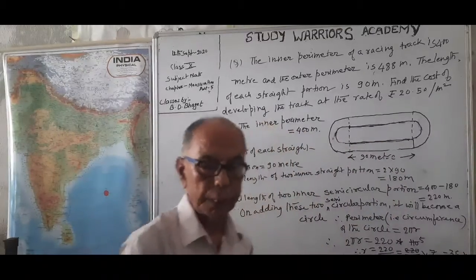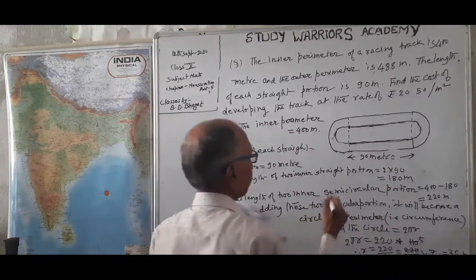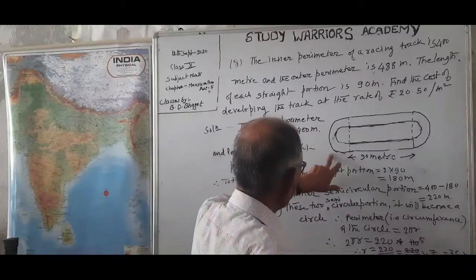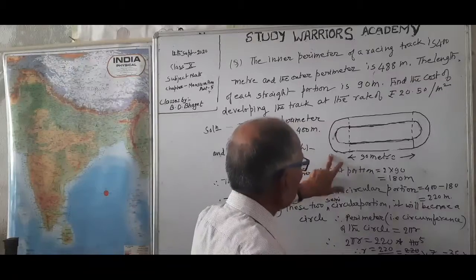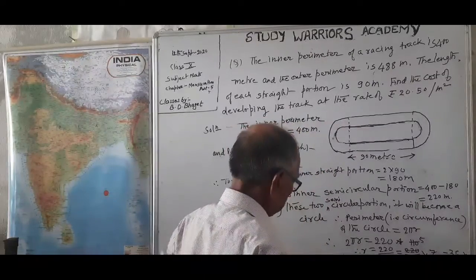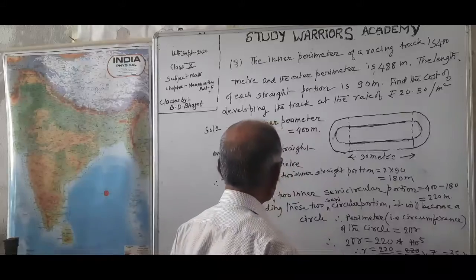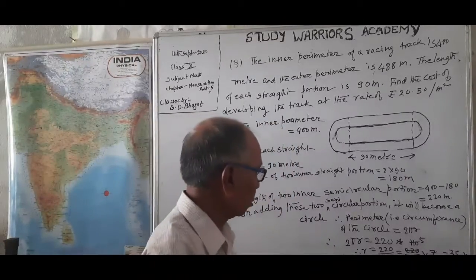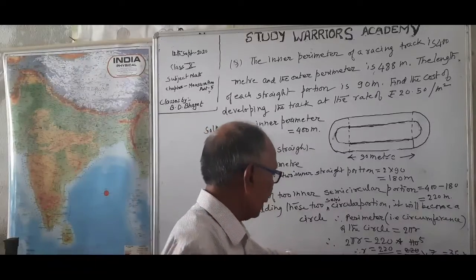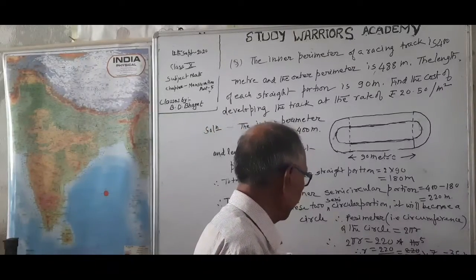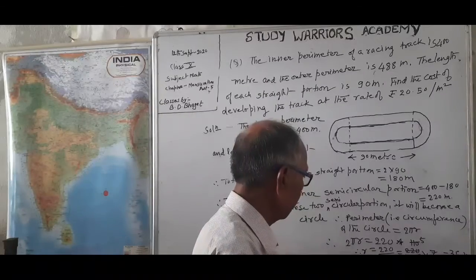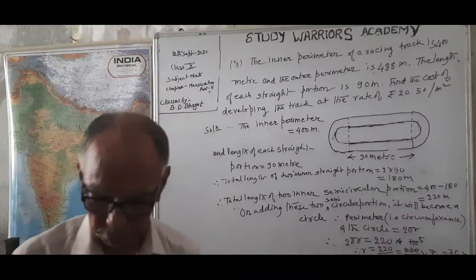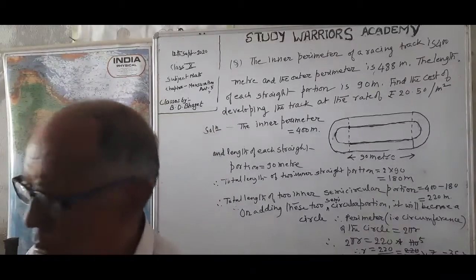So we find the circle, sum of two semicircular portions, means two semicircles. If you include two semicircles, it will become a circle. So we have found in this way the radius of the semicircle. Now this is a long portion, no matter, but not a hard portion.